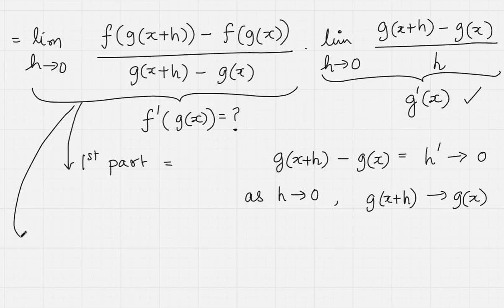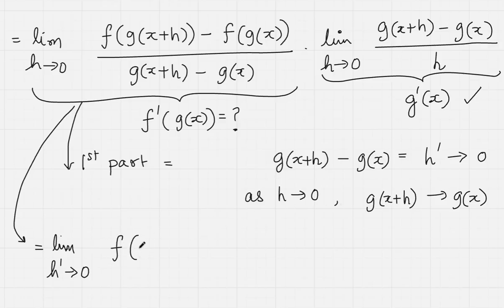So yeah, what's the first part equal to? So the first part here is equal to the limit, and we'll try to write everything in terms of h dash now. So limit as h dash goes to 0, g of x plus h is going to be equal to g of x plus h dash.